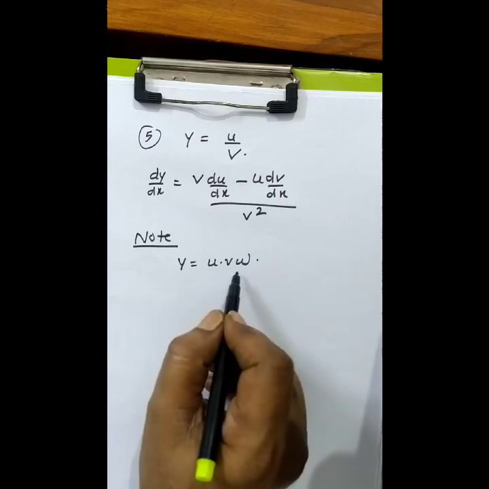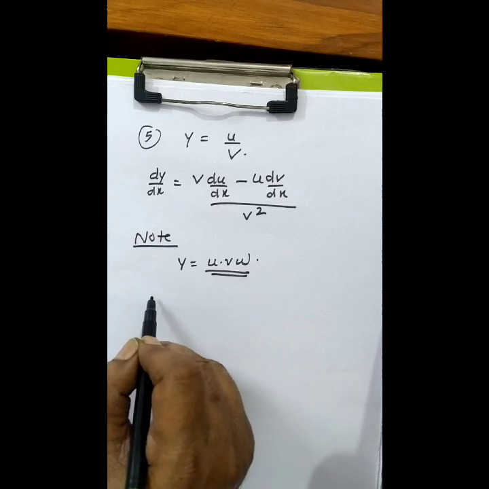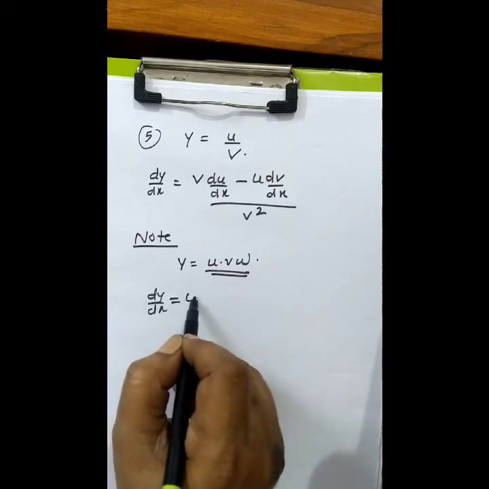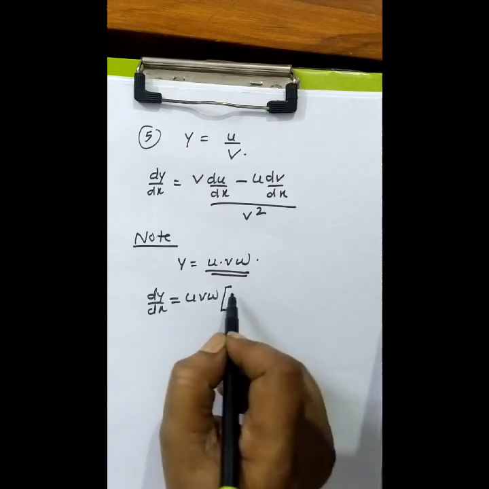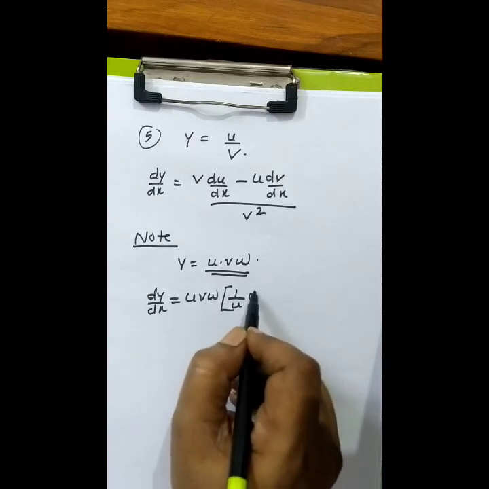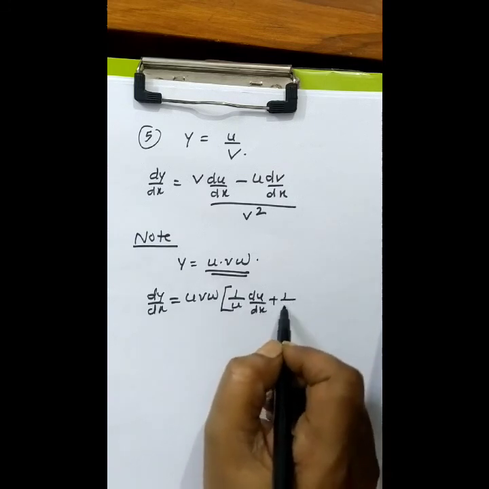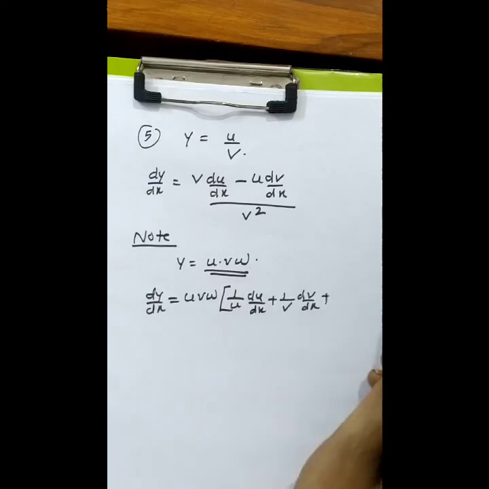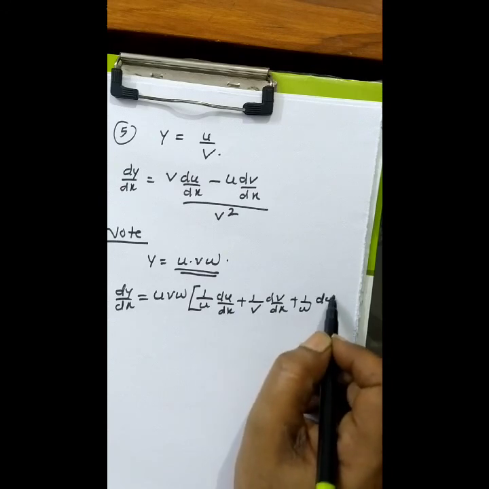This is an additional, simplified form. I will give one more form here. So dy by dx you can also write as uvw into 1 upon u into du by dx plus 1 upon v into dv by dx plus 1 upon w into dw by dx.